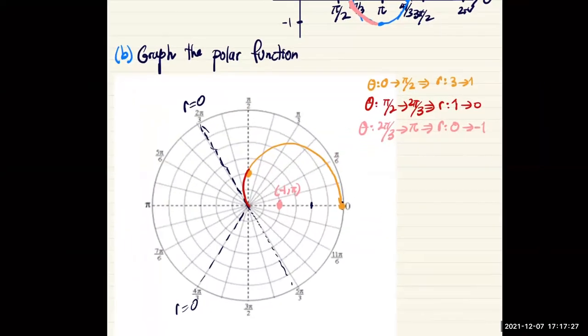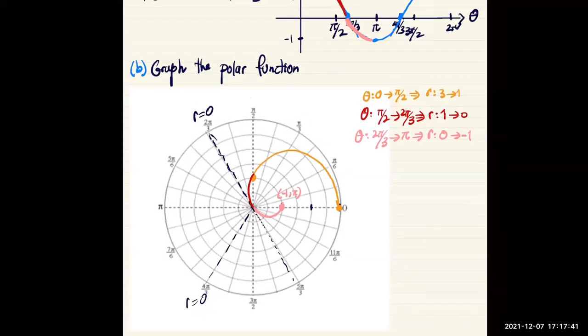Okay, and again, as I said, the graph instead of being here is going to be here. Okay, so that's what the graph is going to look like. Make sure that made sense.